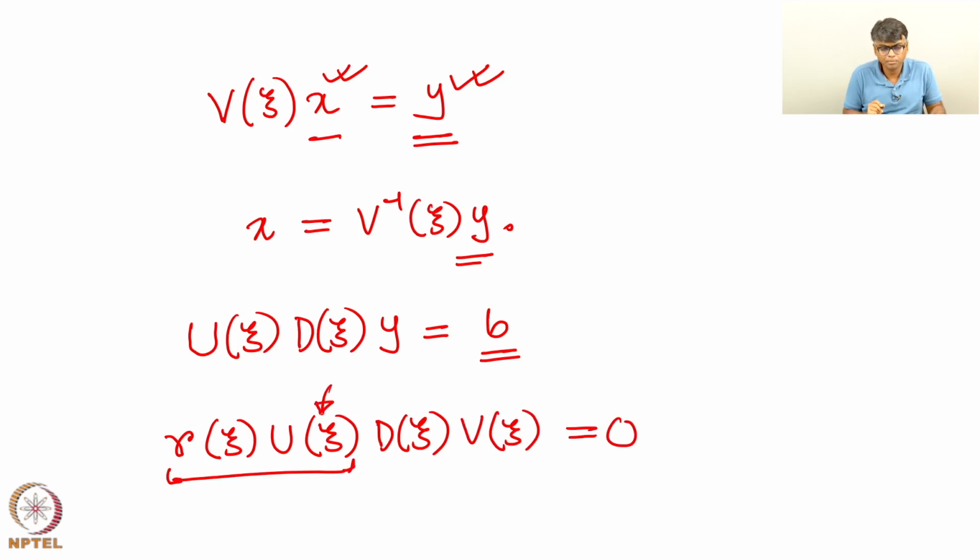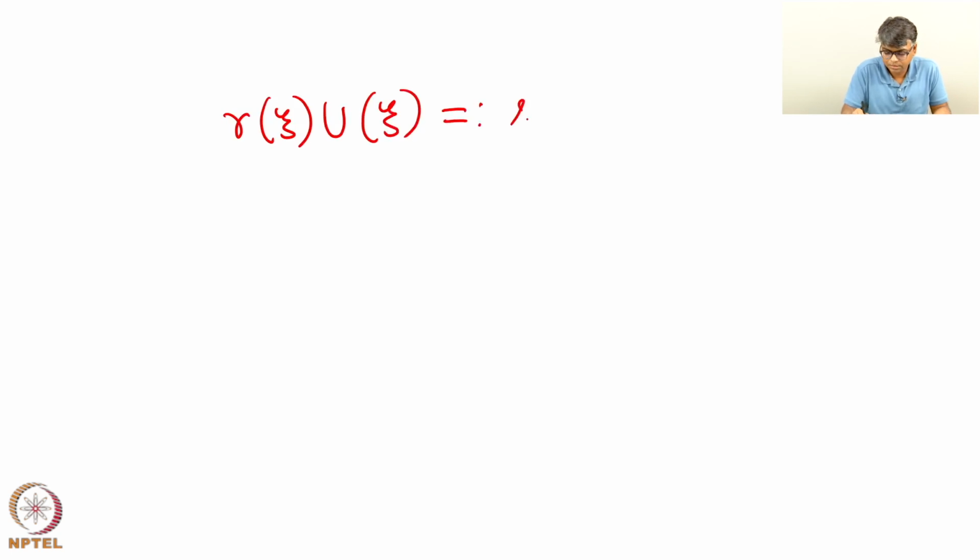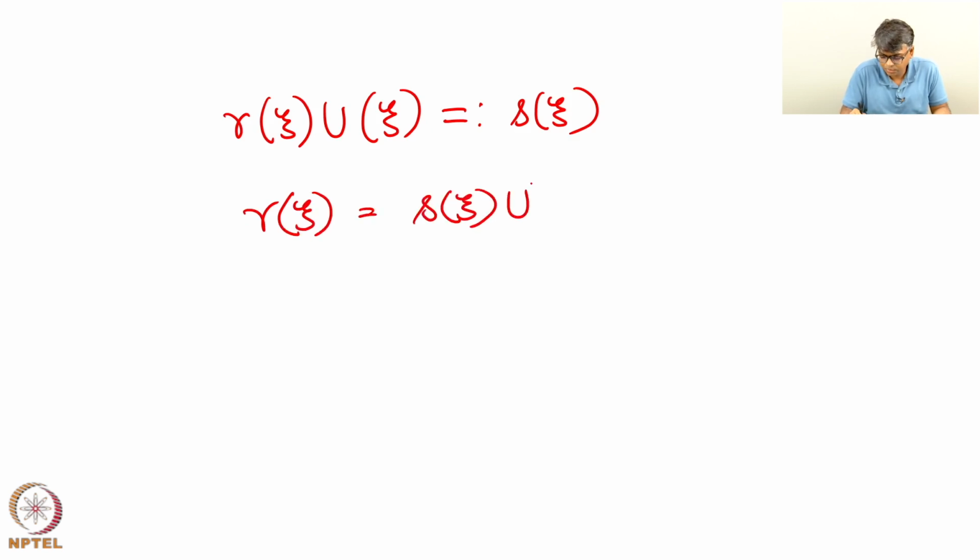Because U is a unimodular matrix, if I define R(ξ)U(ξ) as, let us say, S(ξ), then once again, just like the trajectories, I have a relationship between them: R(ξ)U(ξ) by definition is S(ξ). This means R(ξ) is equal to S(ξ)U inverse(ξ), right? So once again, there is a one-to-one correspondence between the two. For every S there is an R, for every R there is an S.